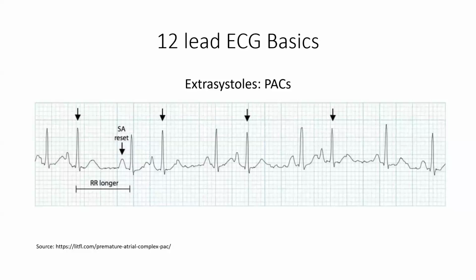But the one thing that I do want to mention is that patients who have frequent premature atrial contractions can be kind of a mimicker of atrial fibrillation because it creates that irregular rhythm. And some patients can be symptomatic with a lot of frequent ectopy.